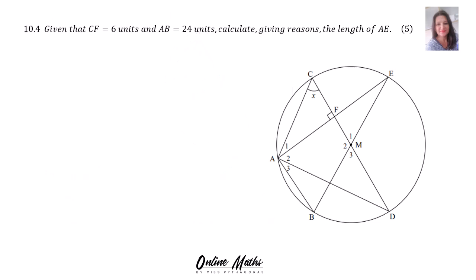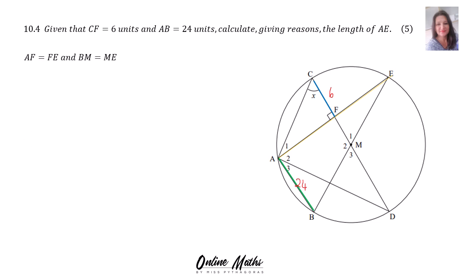10.4, given that CF is 6 units, AB is 24 units, calculate giving reasons the length of AE.